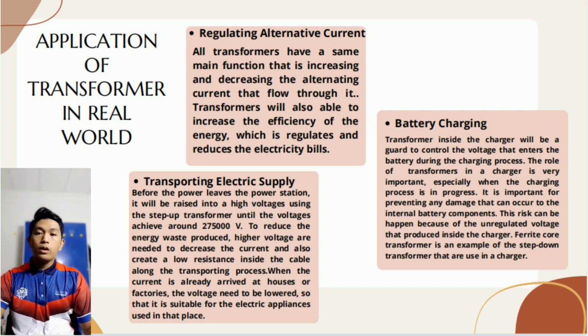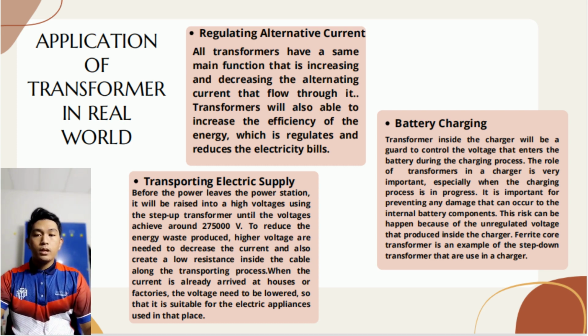Then we move to the use of transporting the power supply from the power station to the whole city. It is the transport of power around the national grid, starting from the power station. Before the power leaves the power station, it will be raised to a high voltage using the step-up transformer until the voltage reaches around 275,000 volts.